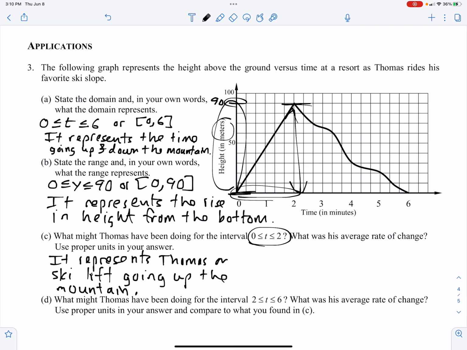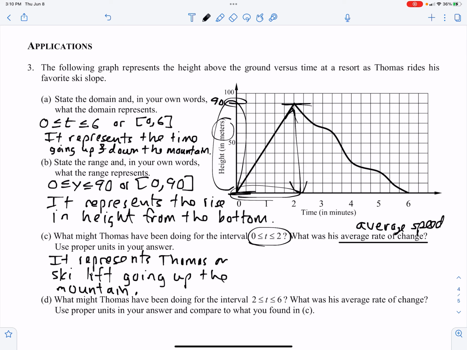Okay, what is this average rate of change? Well, average rate of change refers to, in this case, an average speed is really what we're looking at here. The average rate of change is the average rate of change of height over time.